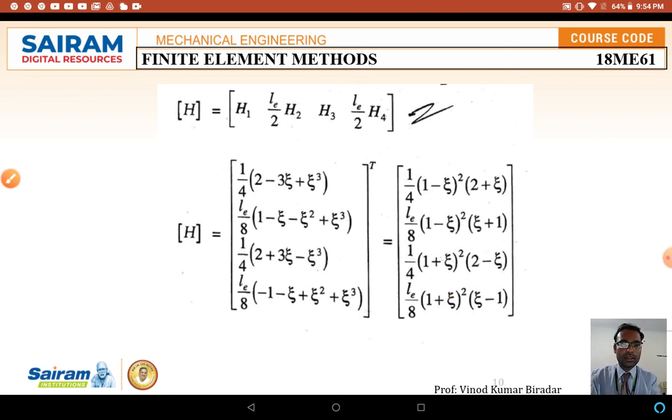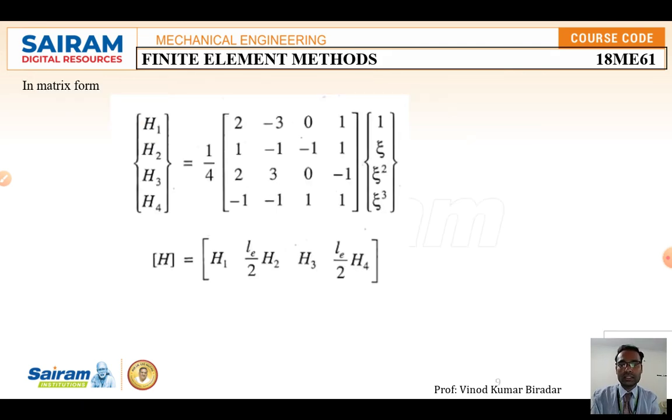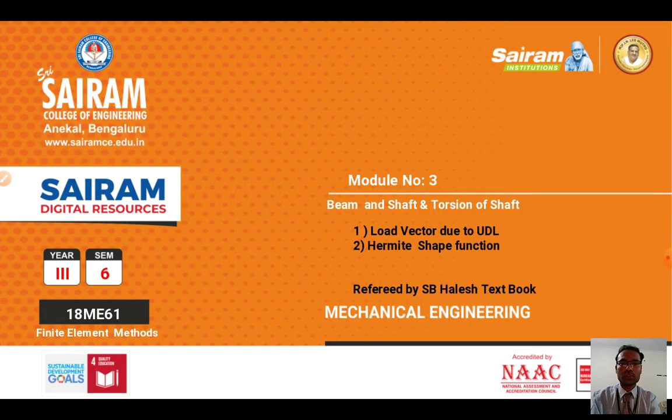While solving the problem, I am going to use the direct values: h1 is 1 by 4 (1 minus zeta) whole square (2 plus zeta), h2 is L_E by 8 (1 minus zeta) whole square (zeta plus 1), h3 is 1 by 4 (1 plus zeta) whole square (2 minus zeta), h4 is L_E by 8 (1 plus zeta) square (zeta minus 1). So this is about the Hermite shape function and the load due to UDL. These two equations are very important while solving the problems. I hope you understand this.